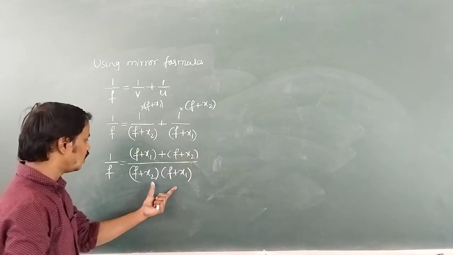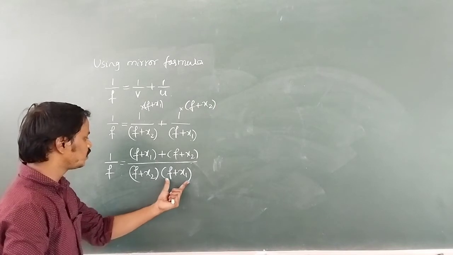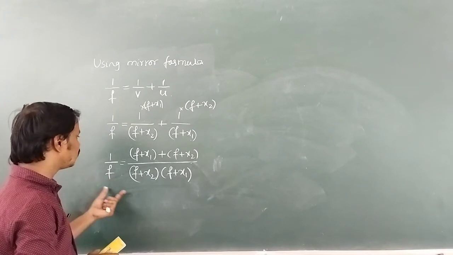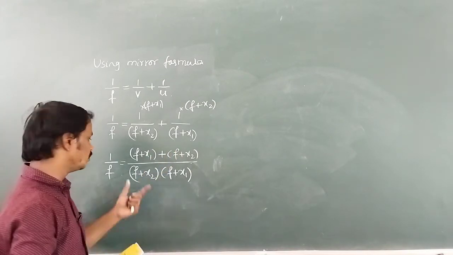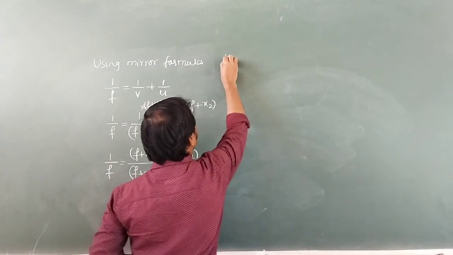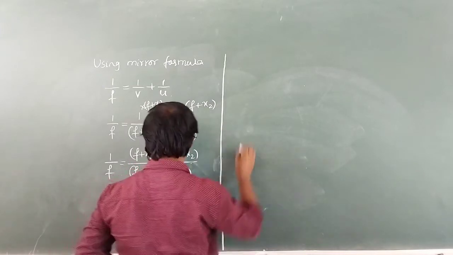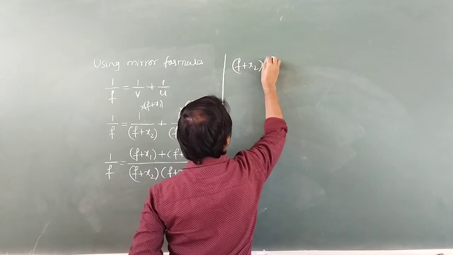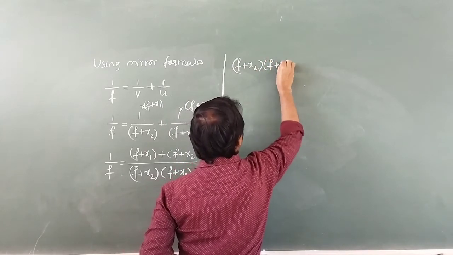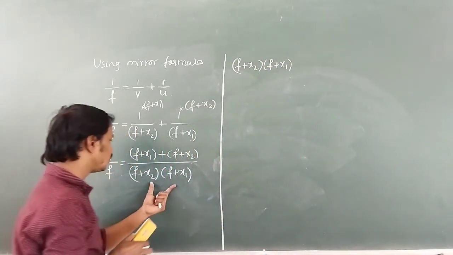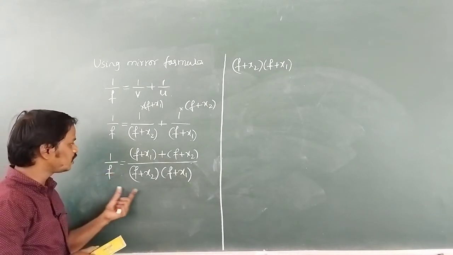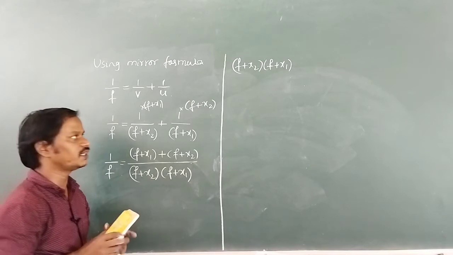Now see here, I will take this f plus x2 into f plus x1 to the left hand side, that comes to the numerator, and f taken to the right hand side, that again comes to the numerator.